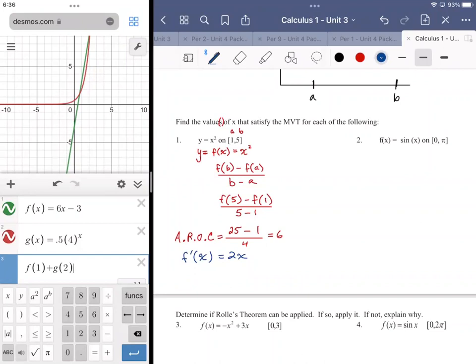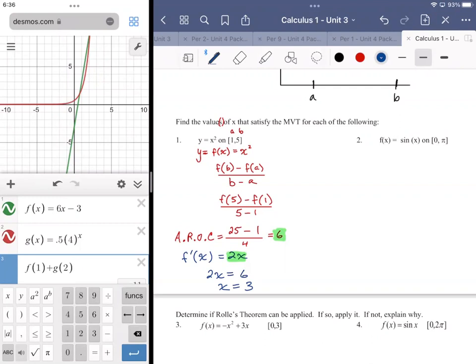There will be some instance in which this is equal to this. All right, so that would be the instance where 2x is equal to 6, meaning x is equal to 3. All right, so that would be the value c over the interval. c as in some constant value over the interval from a to b, but we just solved for x.